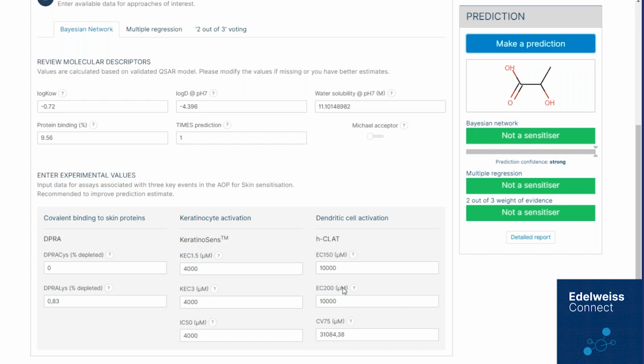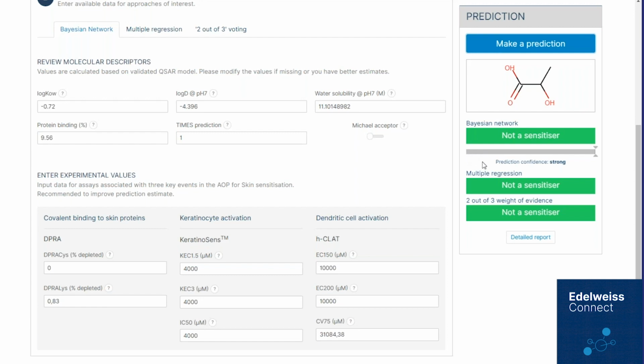And note that the Bayesian network provides also the prediction confidence, which is strong in this case. Strong confidence is because you have agreement between all three in vitro assays that the compound is inactive.